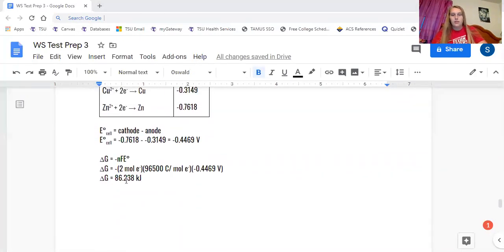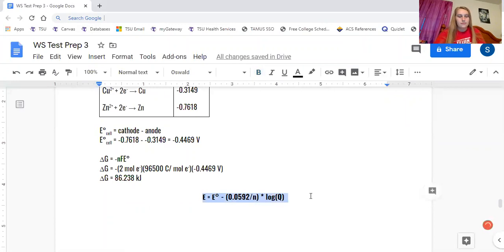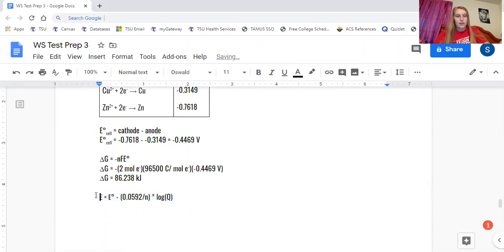All right, so now we have E equals our E cell, which we found is this right here, minus 0.0592 divided by n, which we just talked about up here.